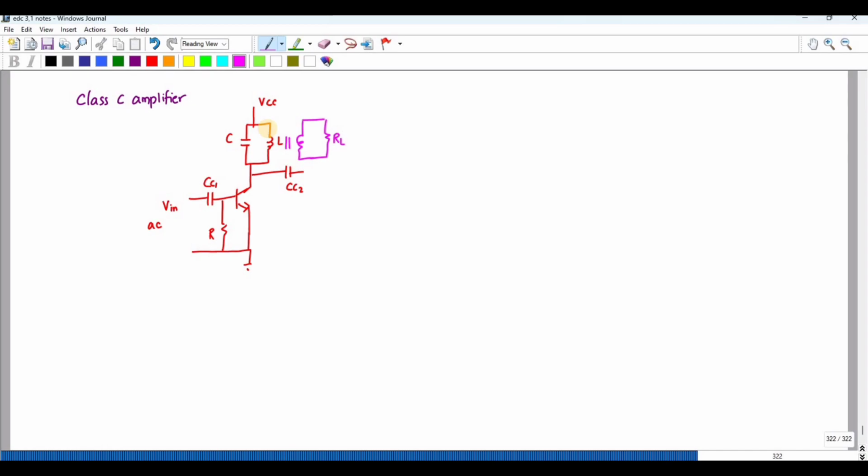Audio amplification amplifies a wide band of frequency equally well, and it doesn't permit the selection of a particular desired frequency while rejecting all other frequencies. Whereas with the help of a tuned circuit, for example in a radio receiver, the application of this Class C tuned amplifier, it is able to pick and amplify the desired radio frequency, and it will discriminate all other frequencies in order to get the desired output.